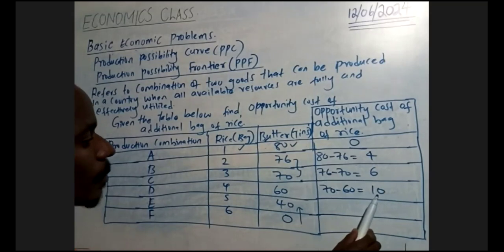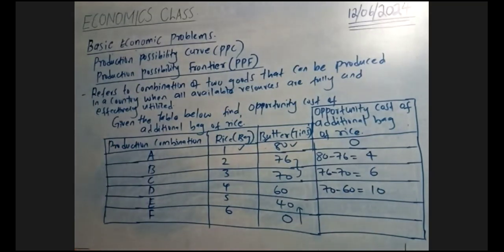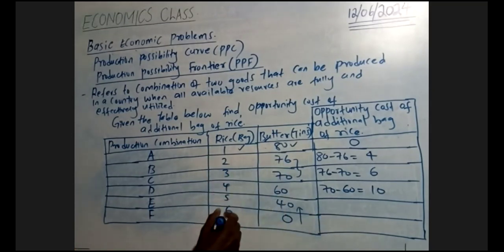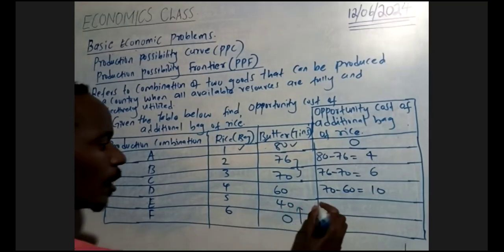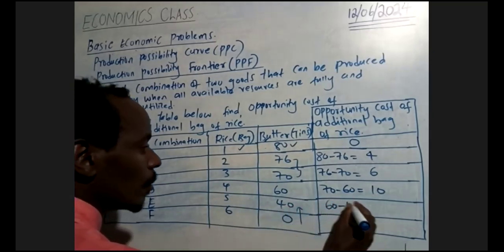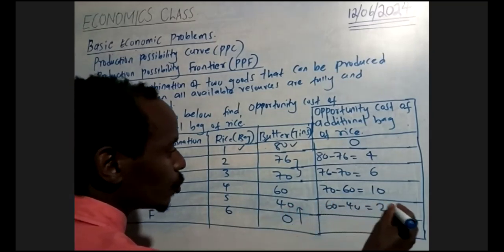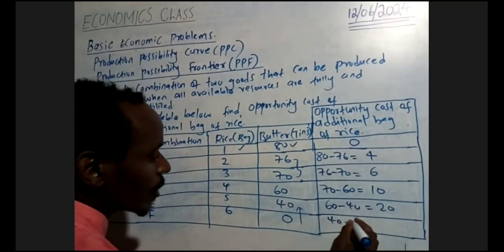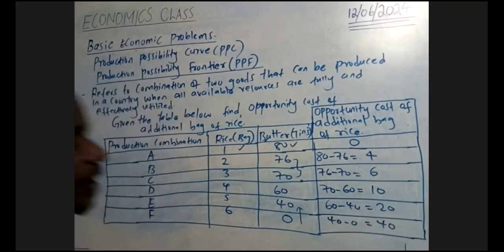So 10 becomes the opportunity cost of the additional bag, because we shall end up losing 10 of butter. If we increase to 5, opportunity cost will be 60 minus 40, which is 20. If we increase to 6, then it will be 40 minus 0. So that is how you find the opportunity cost of an extra unit of item.